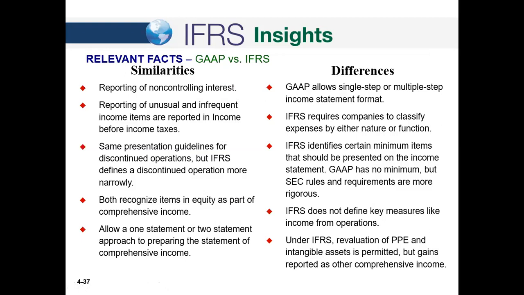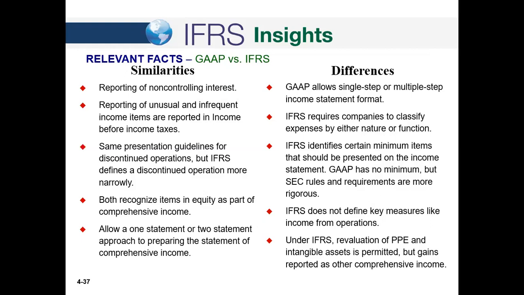GAAP has no minimum, but SEC rules and requirements are a bit more rigorous. Remember that GAAP had 10 financial statement elements, whereas IFRS only had 5. So SEC rules and GAAP requirements are a bit more rigorous.